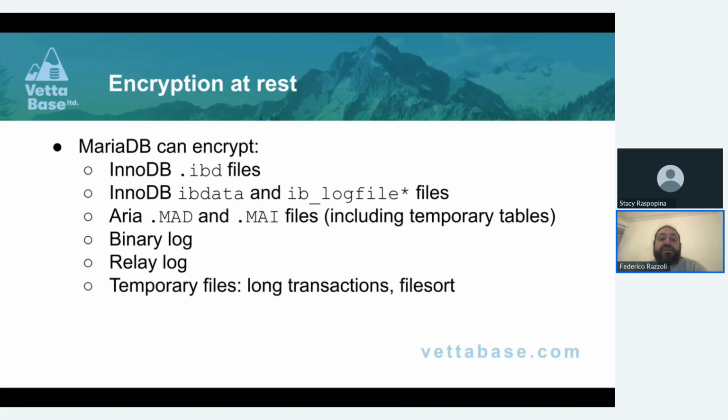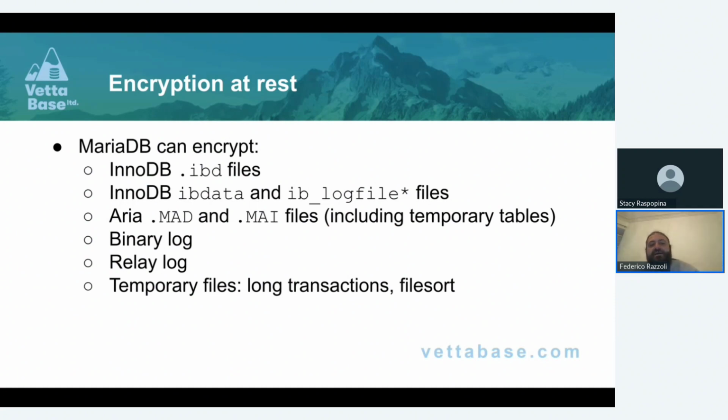So what does MariaDB encrypt exactly? Not everything. Okay, there are things it doesn't encrypt, but it encrypts IBD files, so basically the data and index files for InnoDB, the IB data and IB log files, and basically these are the system table space and the redo log.